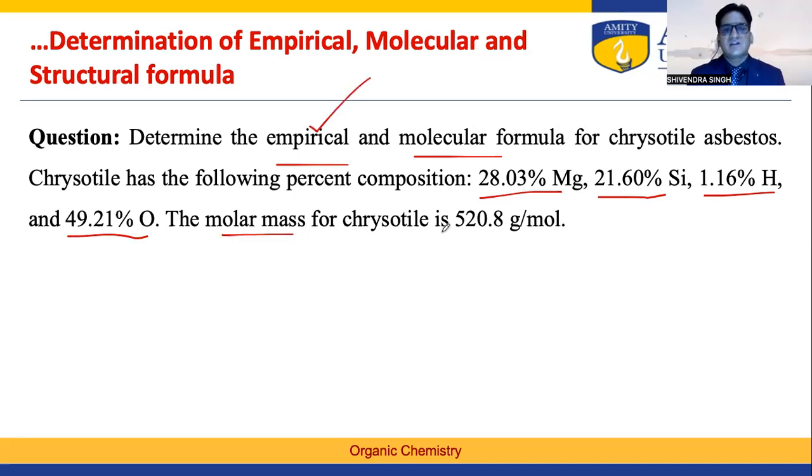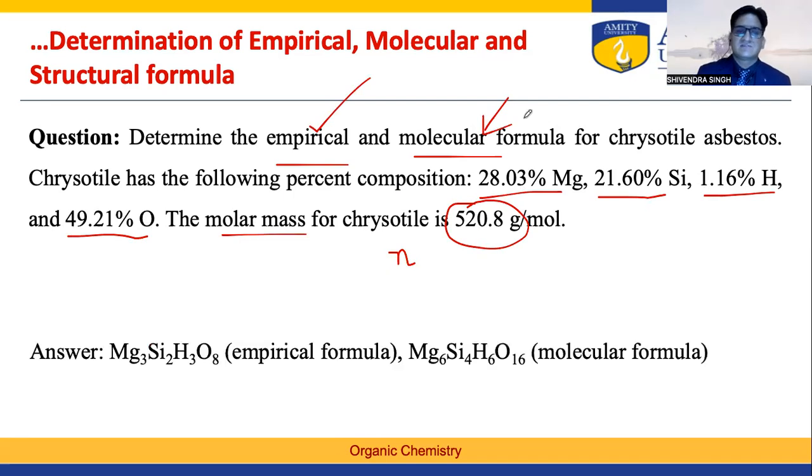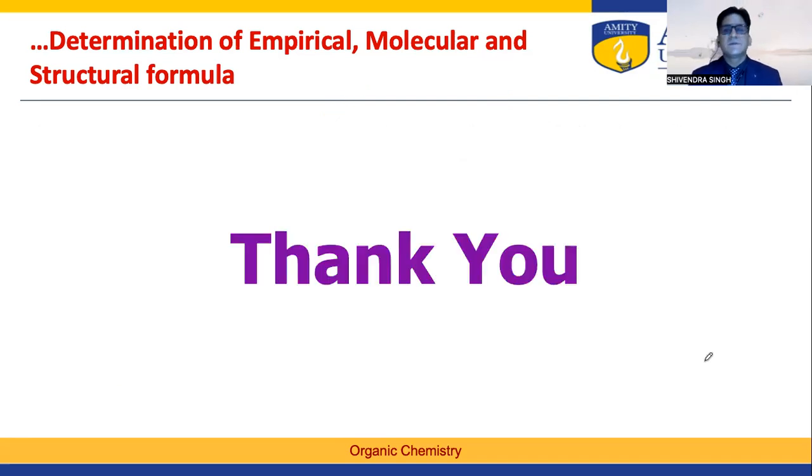The molecular formula of this compound is already given, so we can find out the n value, and on the basis of this n value, we can find out the molecular formula of the compound as well. The answer is given here, and you can solve it. This is for your practice only, right?